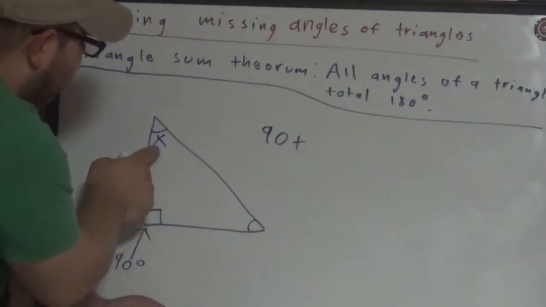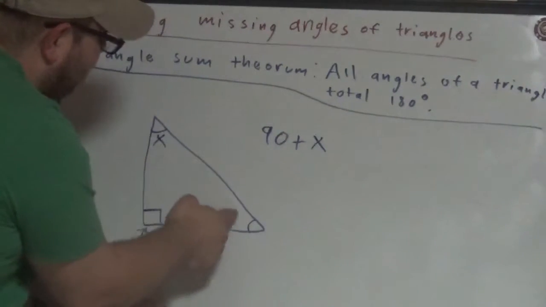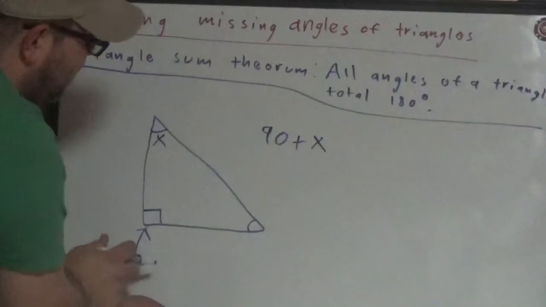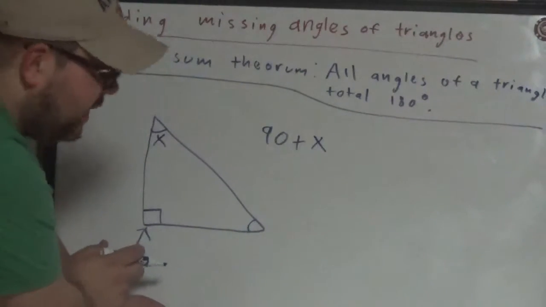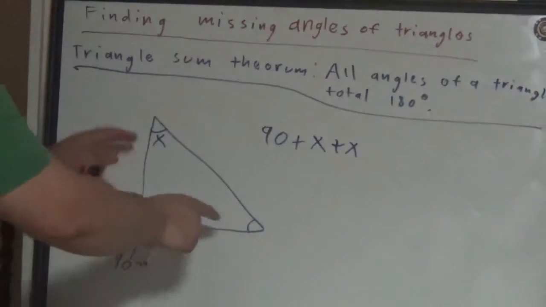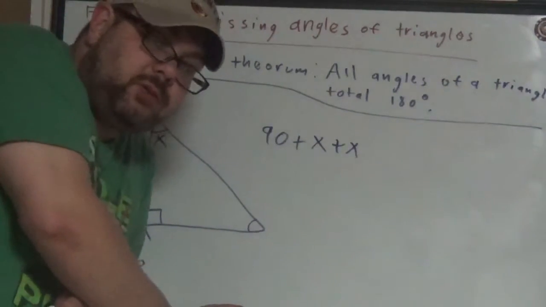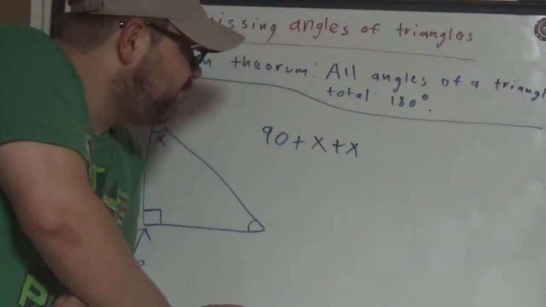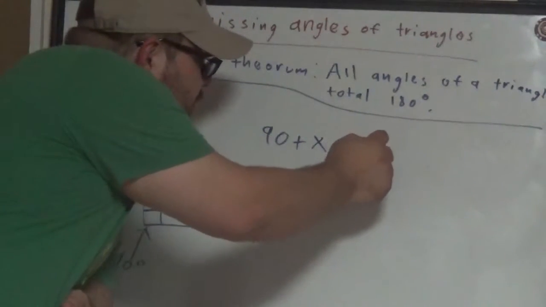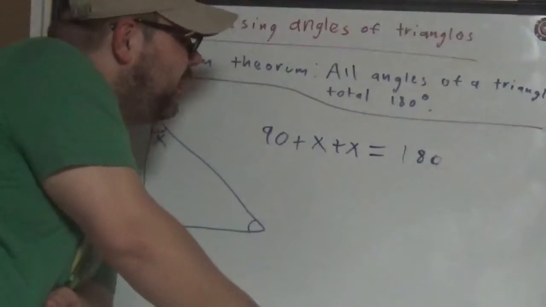The other two angles, well, one of them is x, and once again, the other one must be x, because we have congruent angles. We have one right angle, two congruent angles. Set it equal to 180. Always set it equal to 180.